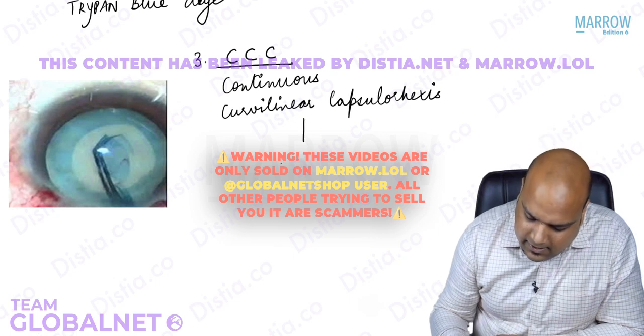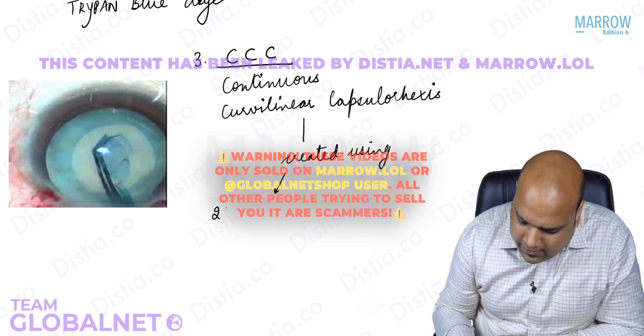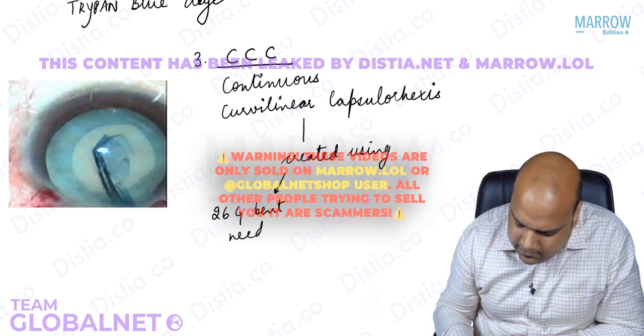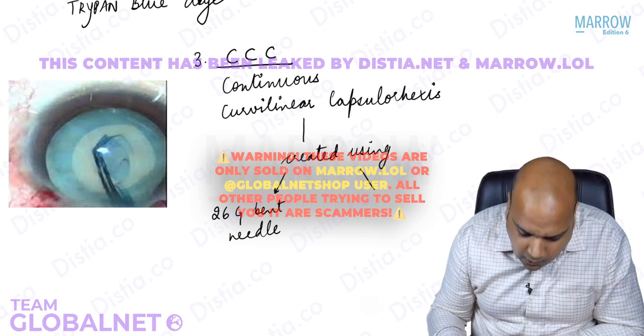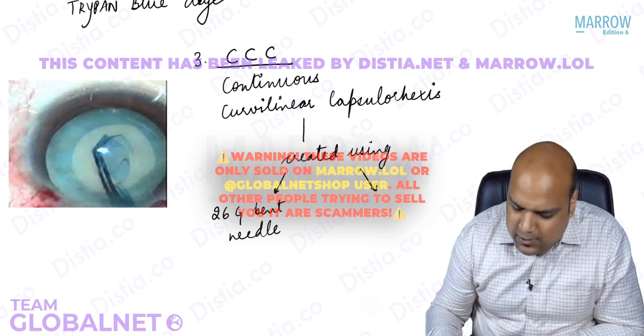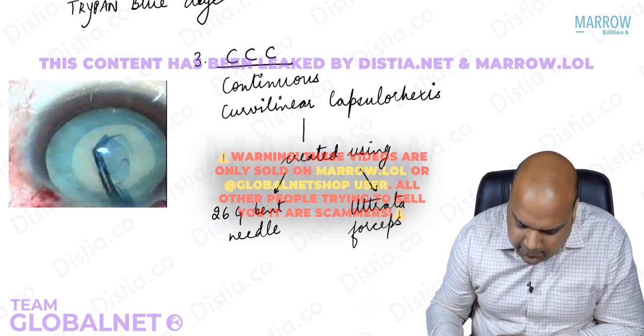This can be created using either a 26 gauge bent needle, as was visible in the video, or it can be created using a Utrata forceps.